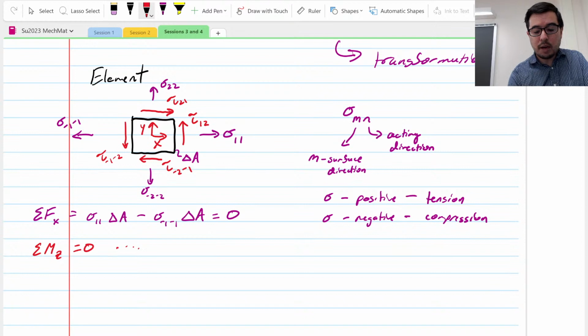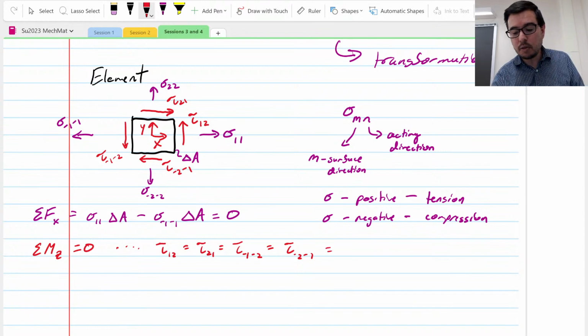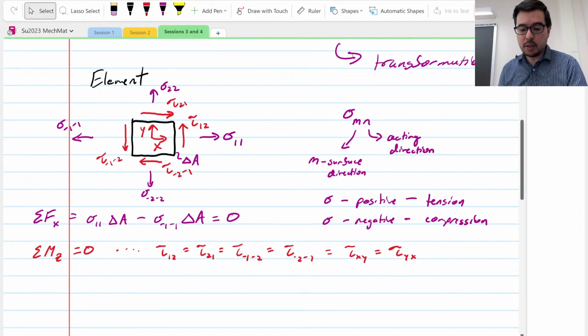And so if you do this out, tau 1, 2 is going to be equal to tau 2, 1 is going to be equal to tau minus 1 minus 2 is equal to tau minus 2 minus 1. So all these shear stresses end up being the same. And I guess I can go ahead and add to the list that this would be tau xy, tau yx, and so this introduces the conventions that we'll be using.